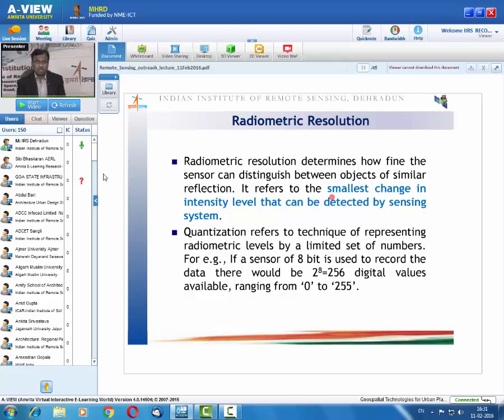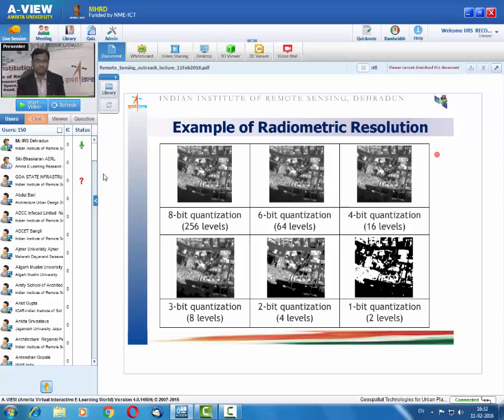Radiometric resolution is the smallest change in intensity level that can be detected by a sensing system. Quantization is a technique of representing the radiometric levels by a limited set of numbers. For example, if an 8-bit sensor is used to record the data, there will be 256 digital values available, ranging from 0 to 255.